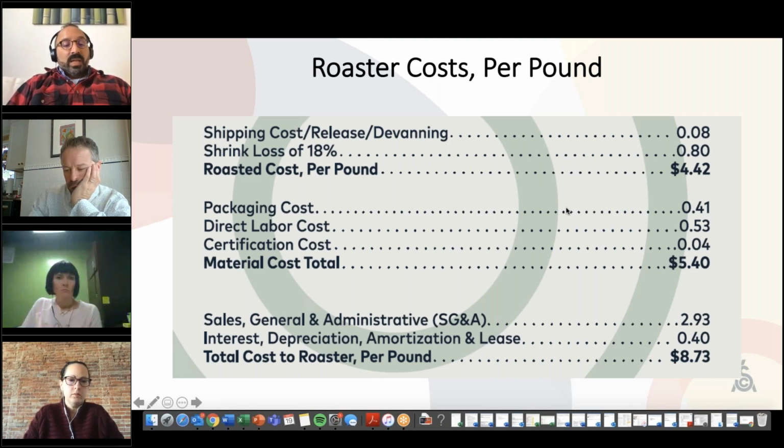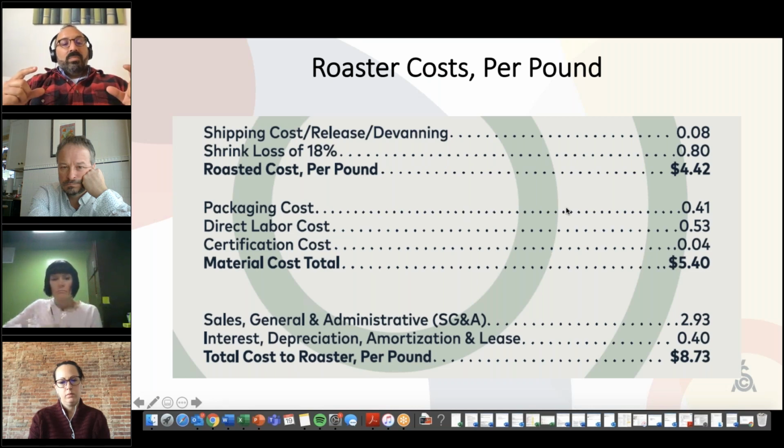Any advertisement that they do, any of the payment of staff outside the roasting personnel themselves. So we're talking about accounting staff, administrative staff, but also executive staff, the coffee buyers, the educators, et cetera, all go into this number.